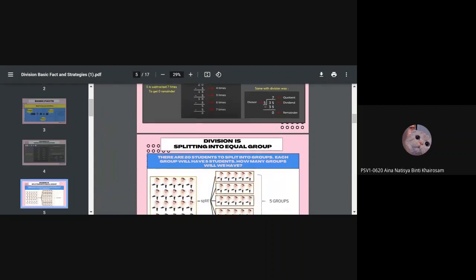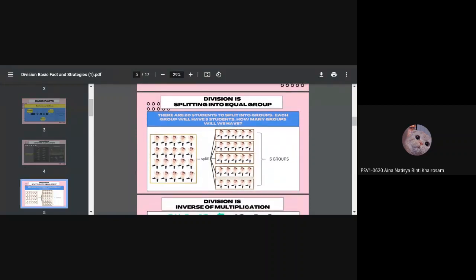Okay, for division is splitting into equal groups. It means that the dividend, we split it into equal groups. We get the same quantity. For example, there are 20 students to split into groups. Each group will have 5 students. How many groups will we have?